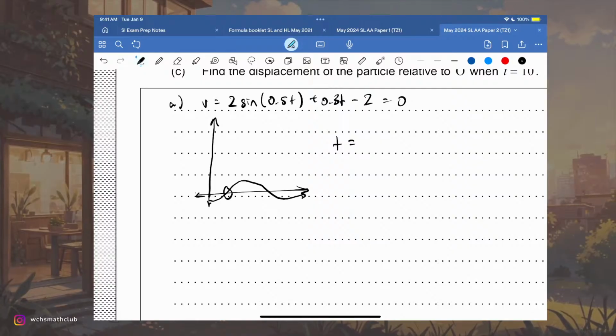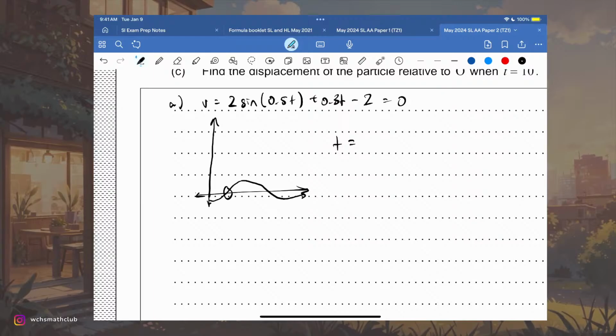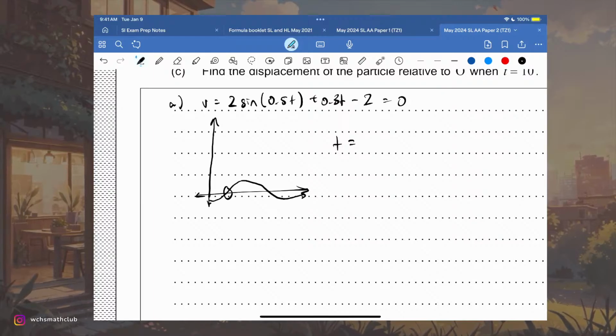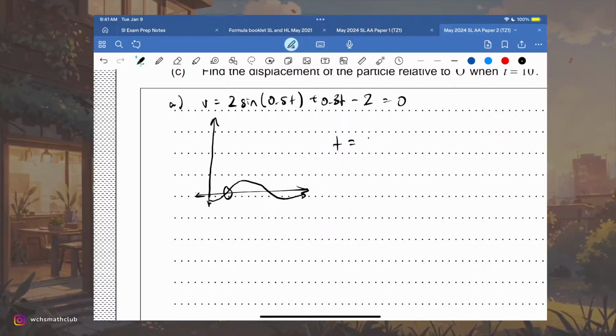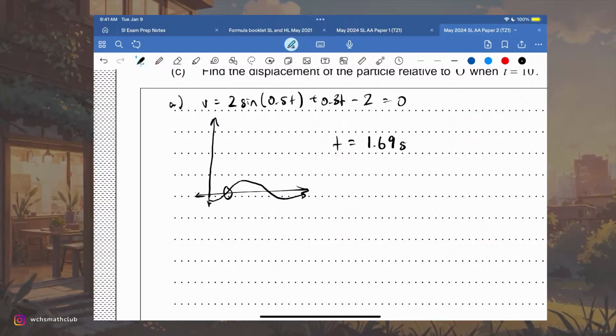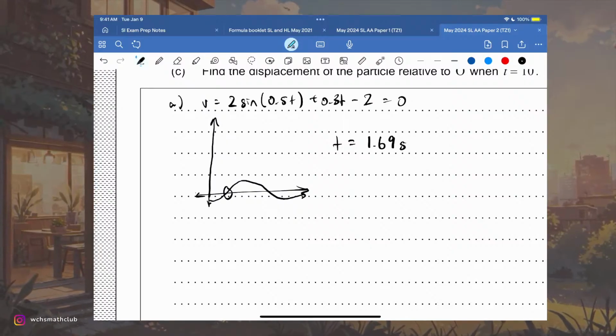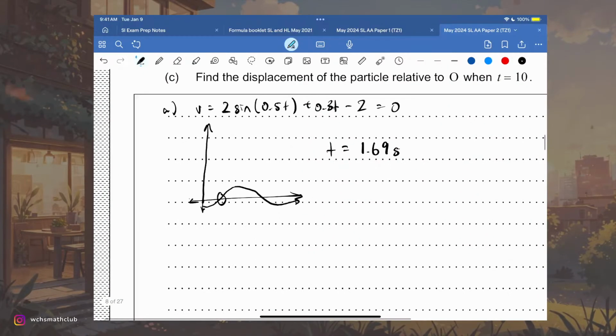In order to do so on the TI-84, you press second and then the trace button, so essentially the calc button. Click the intersect button, set the bounds, and you get t equals 1.69 seconds. Of course, include your units and write things to 3 significant digits if they're not exact.